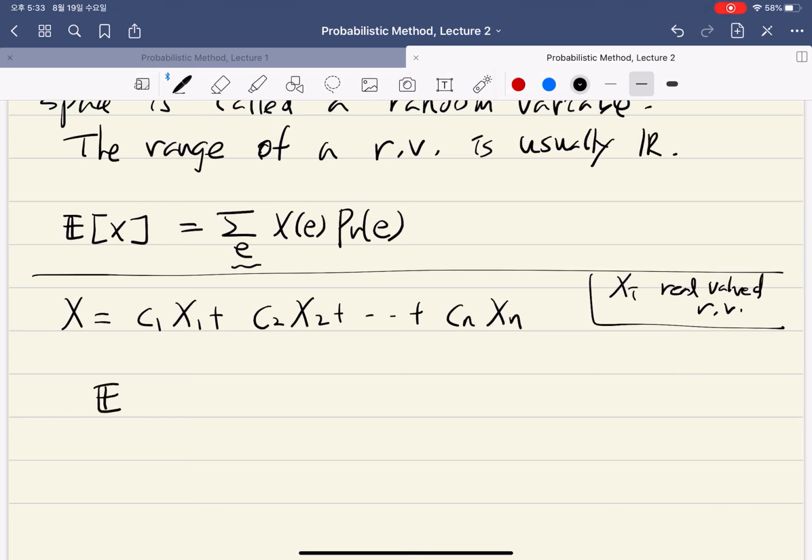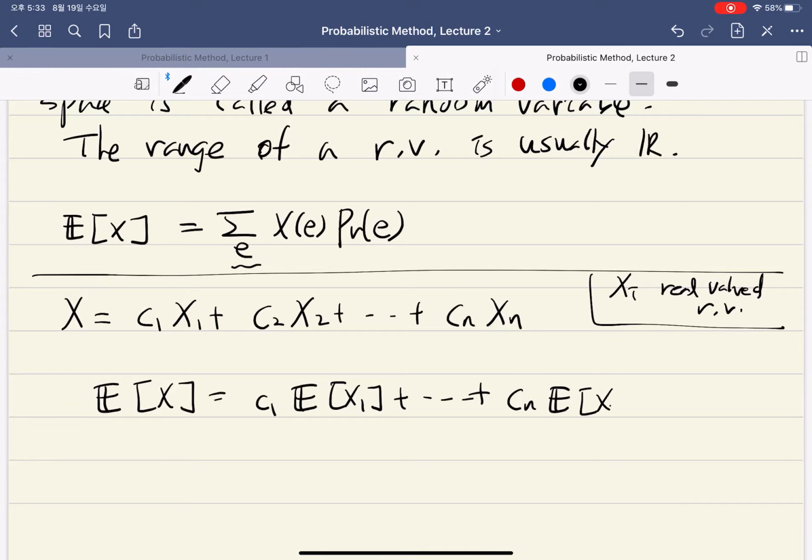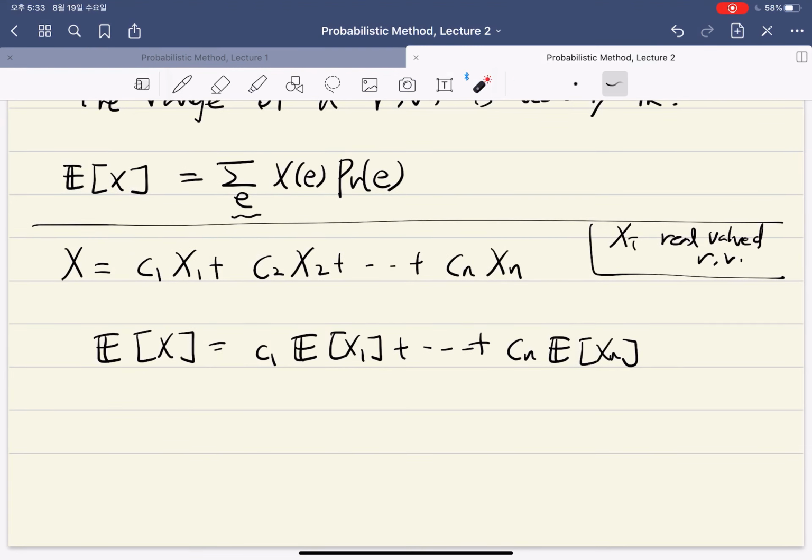And moreover, we have this formula which is called linearity of expectation. So this will allow us to compute the expectation of a given random variable in an easier way.